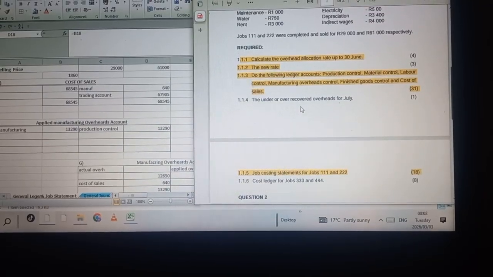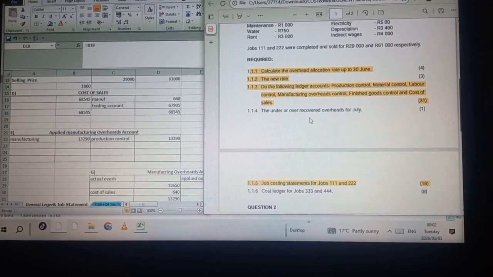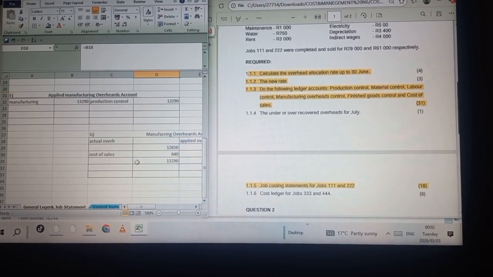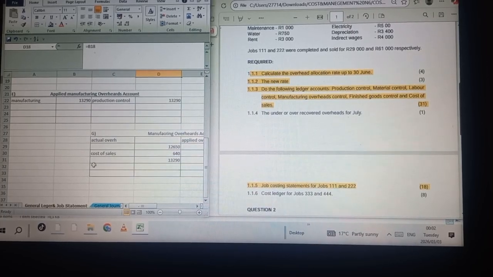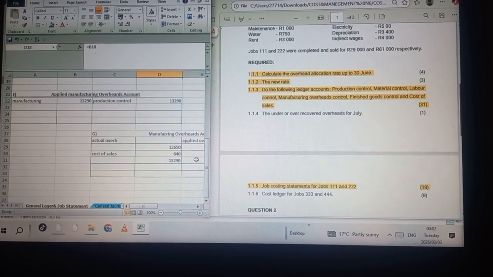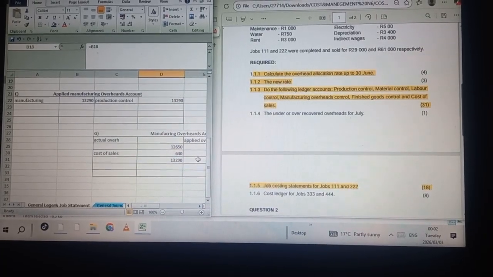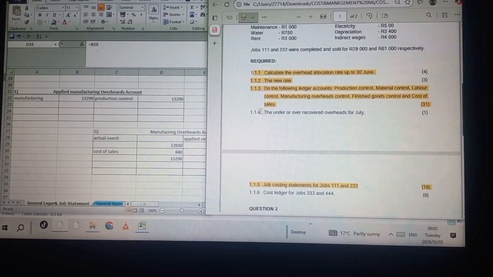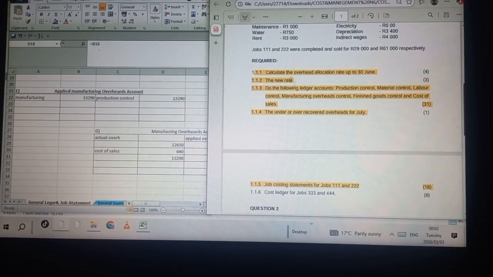As I have explained to you, I believe I've answered that. Guys, it's over recovered. Cost of sales, if it's on the debit side, is over recovered, and if cost of sales is on the credit side, it's under recovered. So in this case, it is over recovered, meaning we're done also with our 1.1.4.